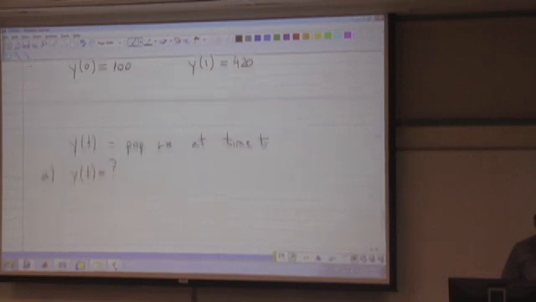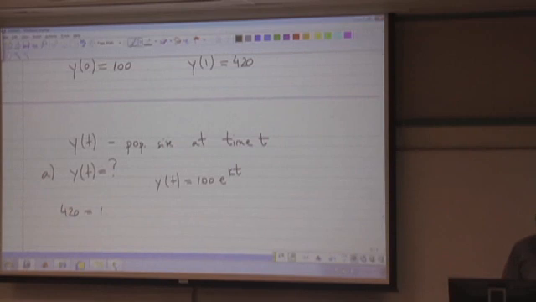So what we know is that y of t is equal to 100 e to the kt, and we also know that 420 is equal to 100 times e to the k times 1. And so 4.2 is equal to e to the k.